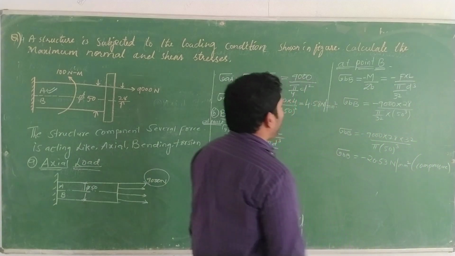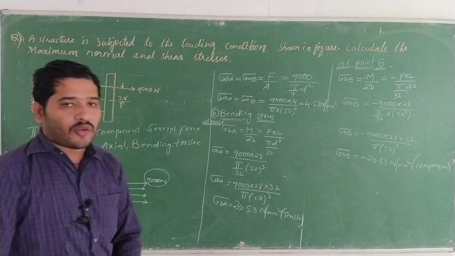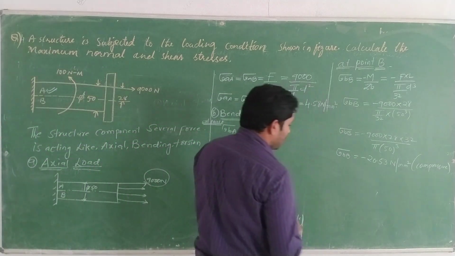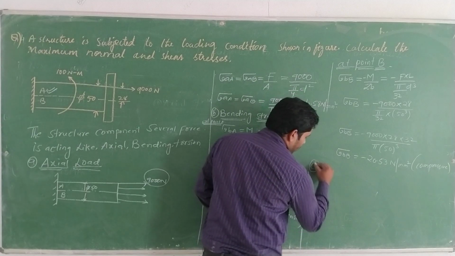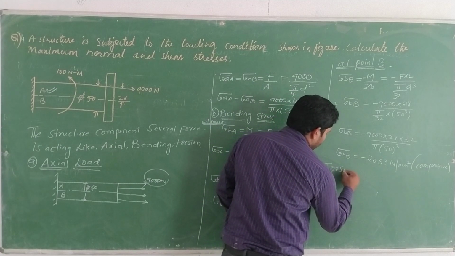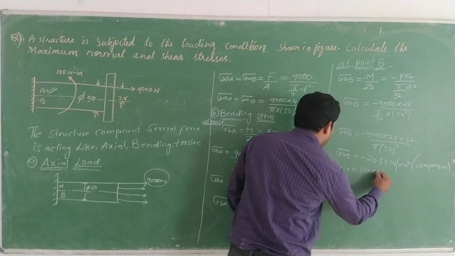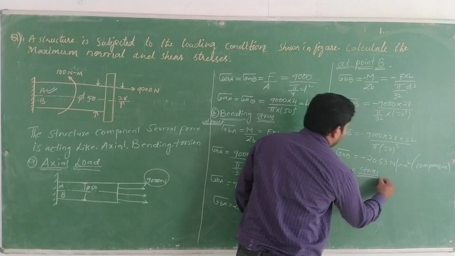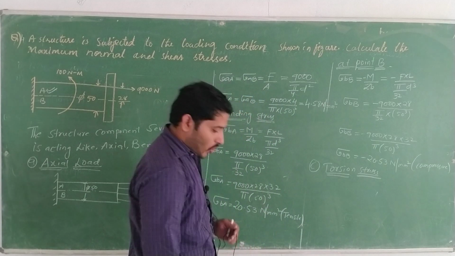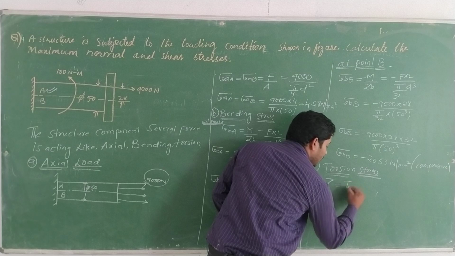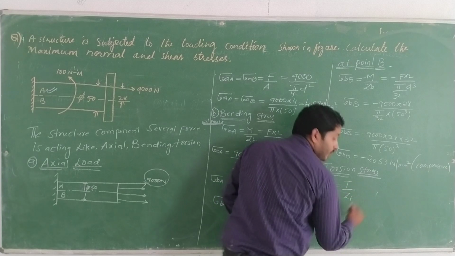Again we need to find the torsional stress, or we can say the twisting moment we need to apply. So at point C, the torsional stress. Okay dear, if you want to find the torsional stress, you have to know the formula: tau is equal to T by ZT.